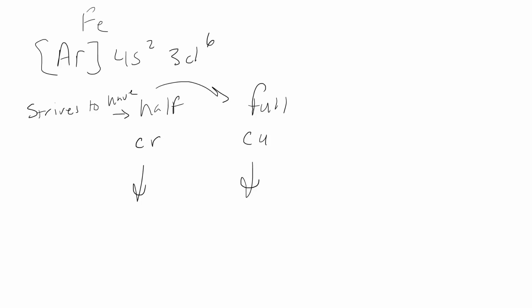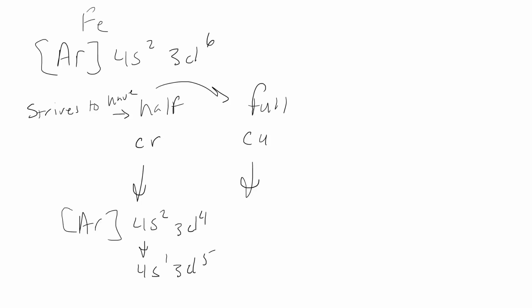So when we're looking at chromium, the normal configuration in shorthand would be argon 4s2 3d4, but due to the fact that it wants at least a half-filled subshell, it's going to be 4s1 3d5.